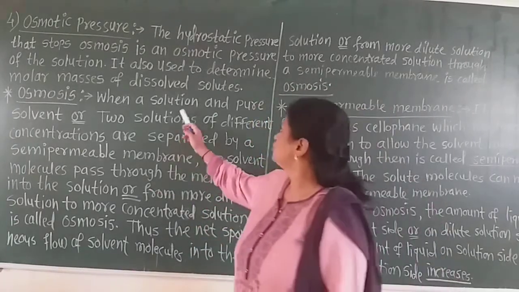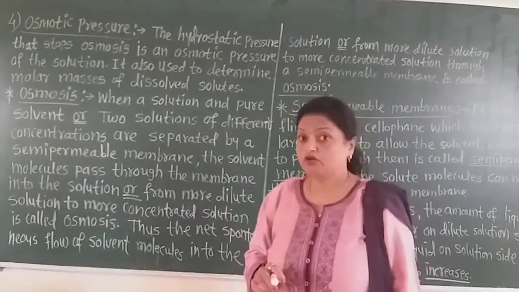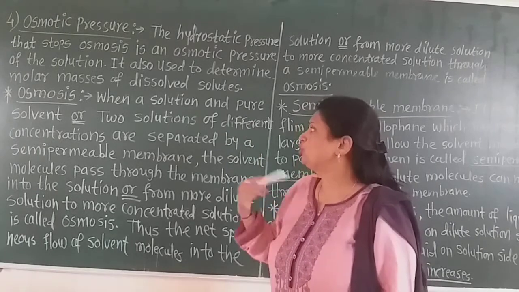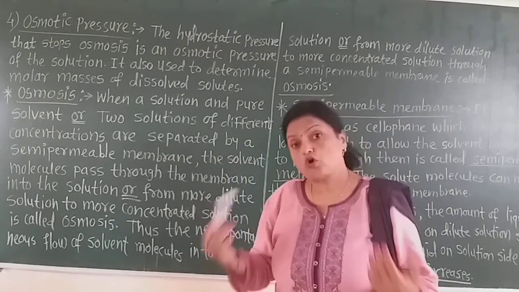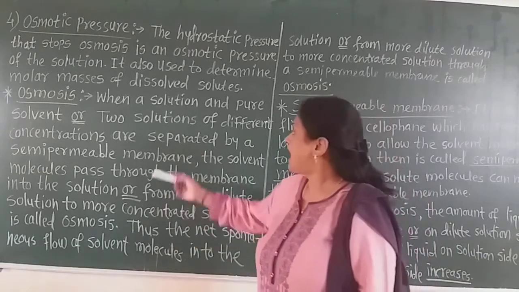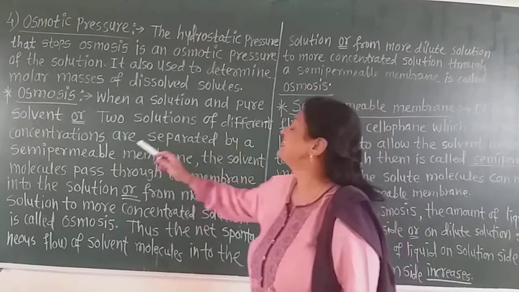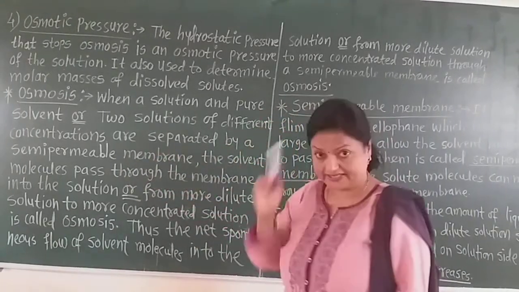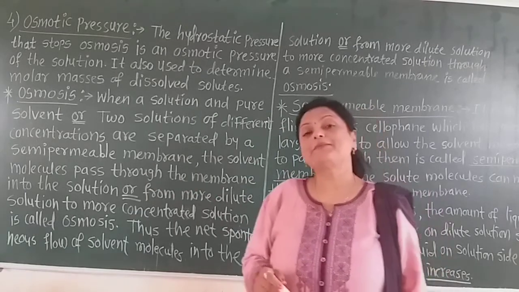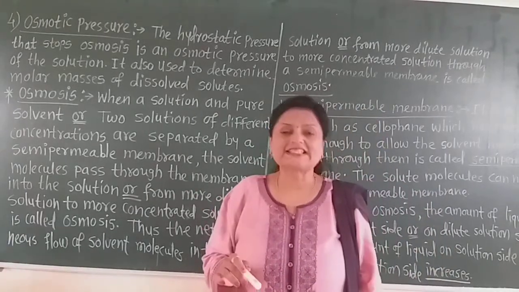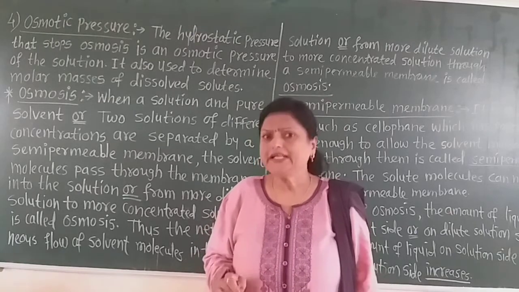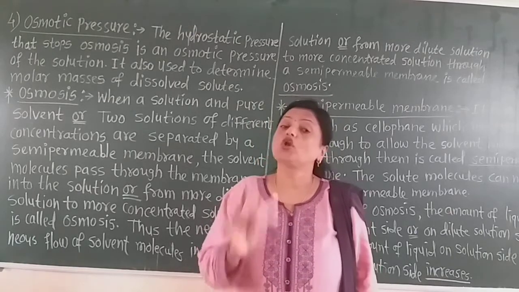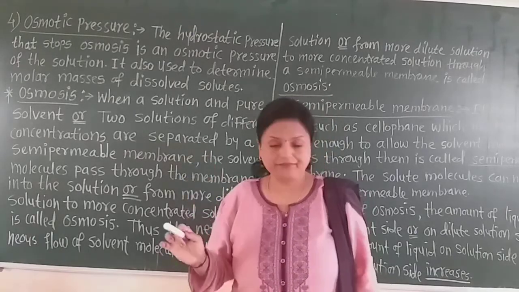Now, when a solution and pure solvent, or two solutions of different concentrations, are separated by a semi-permeable membrane, this semi-permeable membrane has pores, and it allows only the solvent molecules to pass through it.